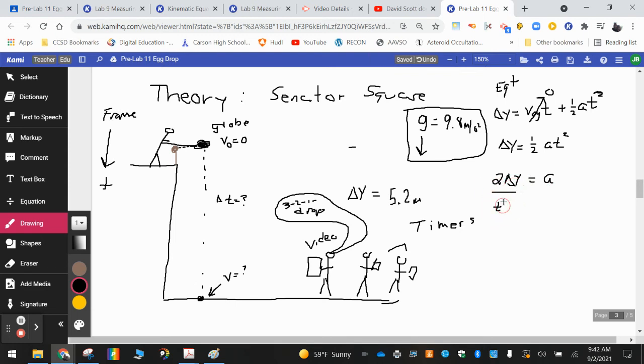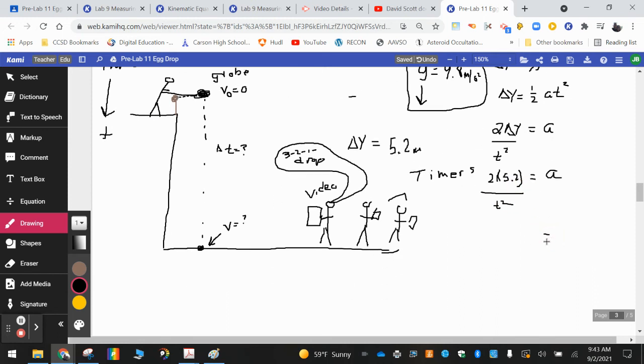And I can simplify it some more because delta y is 5.2 meters, right? So we could do 2 times 5.2 divided by t squared, and that should be 10.4 divided by whatever our time is.